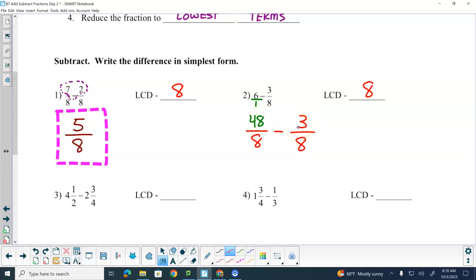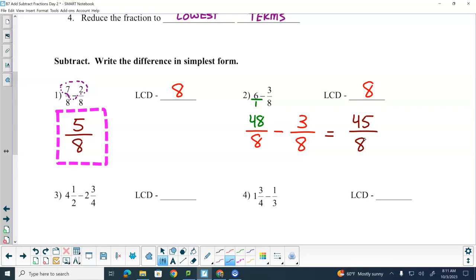Okay. 48 minus 3. 45 over 8. Anything that goes into 45 and 8? 8 doesn't go into 45. No, it doesn't. No, it goes into 40. Yep. So that's it.